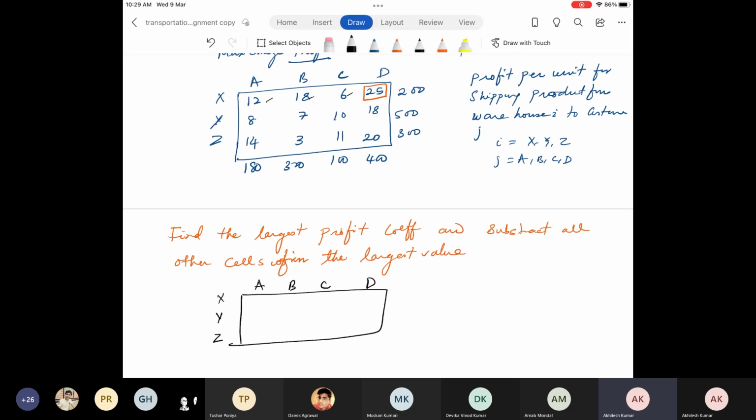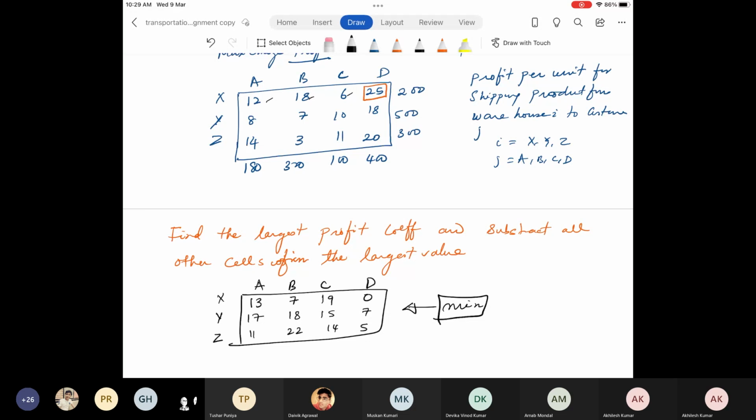So we'll get 25 minus 12 is 13, 25 minus 18 is 7, 25 minus 6 is 19, and 0. Similarly, 17, 18, 15, 7, 11, 22, 14 and 5. Now we will solve this problem as a minimization.